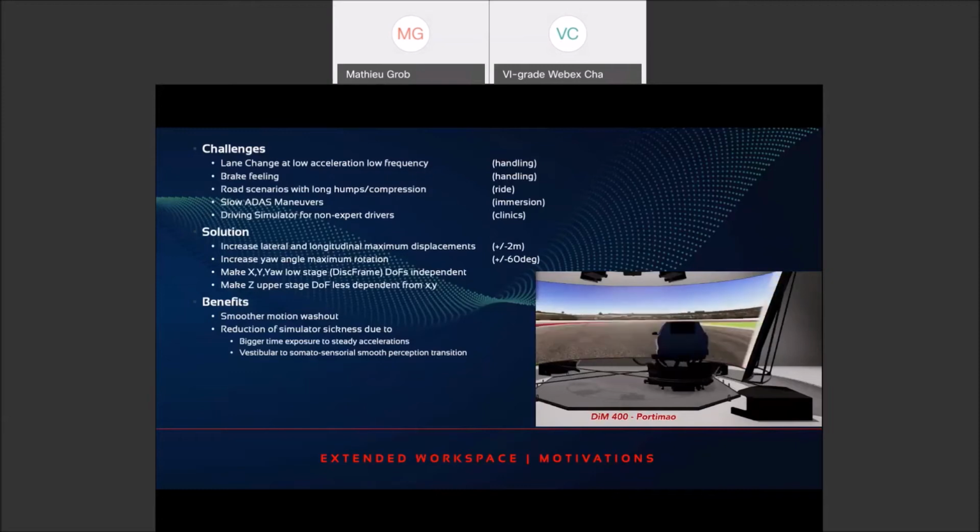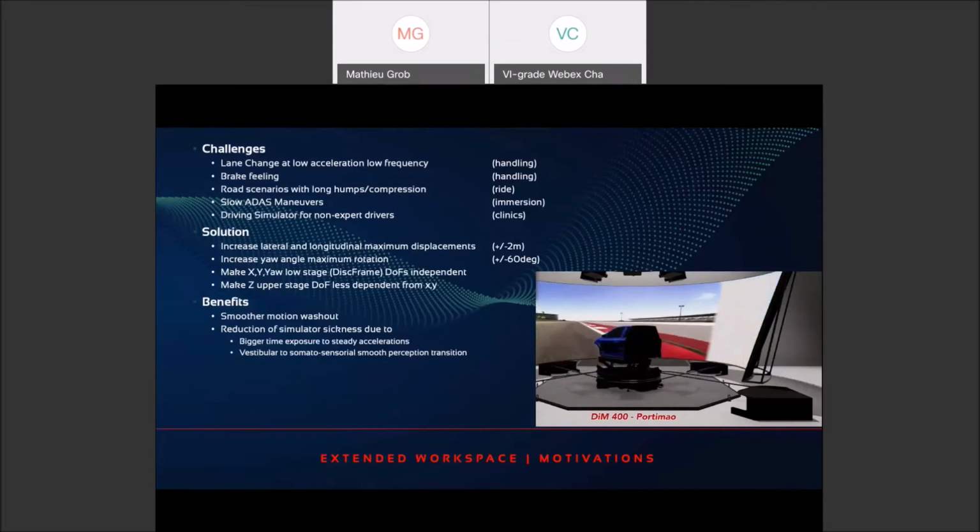You can see on this image that the simulator is not always trying to come back to the center of the platform, and it can sustain a long acceleration over a long period of time and still give you good feedback. So it results in a reduction of simulator sickness and a better feedback feeling.